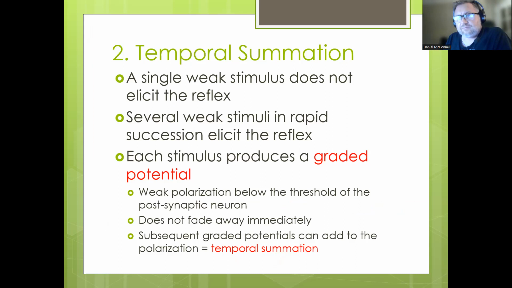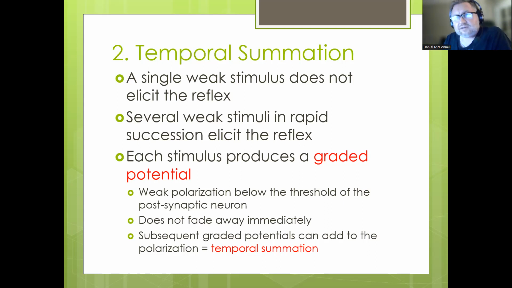These will fade away, but if we apply a second or even a third graded potential within a rapid enough succession, they get to sum together their effects. Those graded potentials add together, and we end up with an actual action potential occurring, right? We're going to depolarize the neuron and see an action potential. And so that's temporal summation.